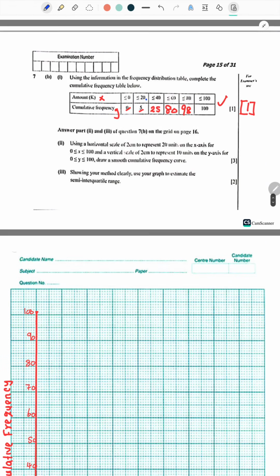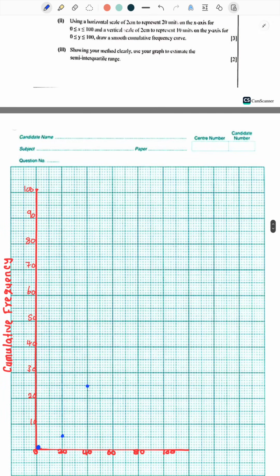Next, 60, 80: 60 in the x, 80 in the y, is here.